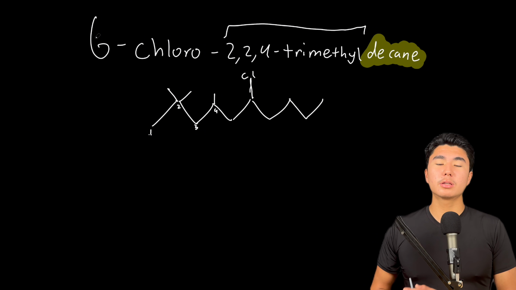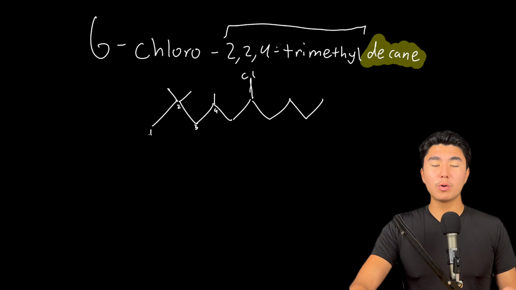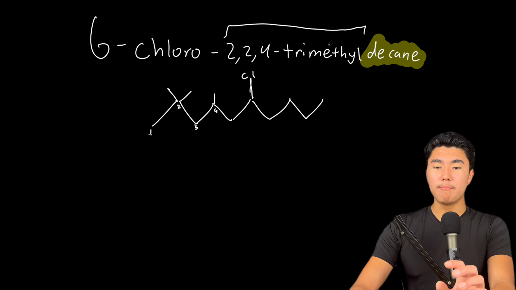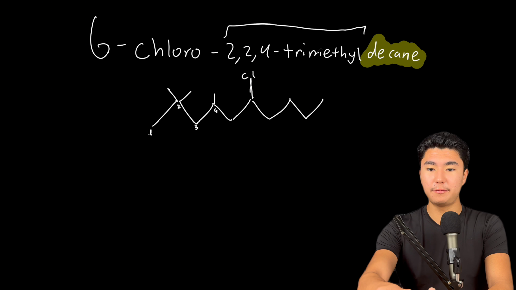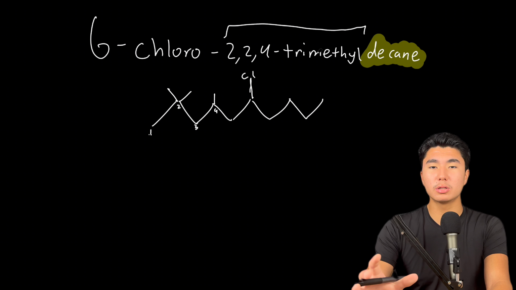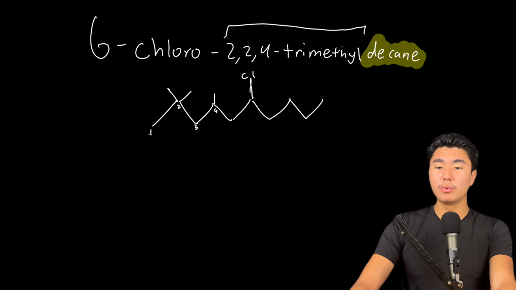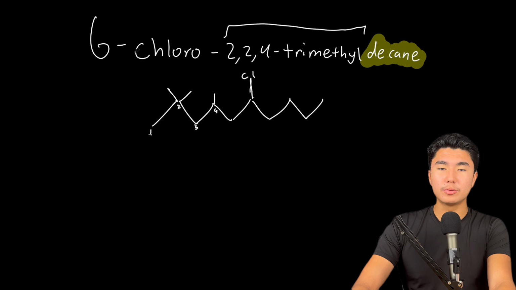And one thing that we talked about in our past video on this nomenclature naming is that you want to name it in alphabetical order. You see how chloro is before methyl? Now you don't want to look at this tri, or even if it had a di, because that doesn't count for alphabetical order. It counts with when you have a methyl, an ethyl over here, and then you have your chloro.